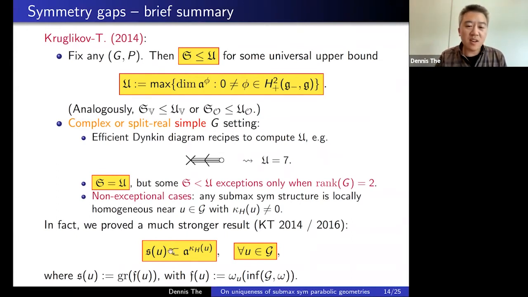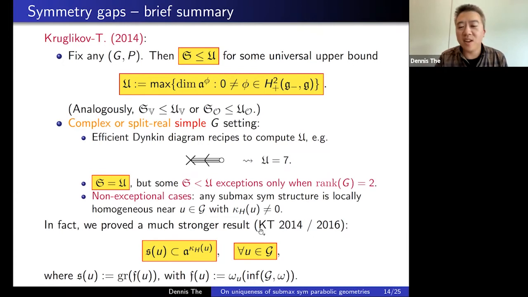If you take the symmetry algebra and then pick a point, any point, apply the Cartan connection to it, you get a filtered Lie algebra, and you take its associated graded, you get a graded Lie subalgebra of g. Regardless of whether it's homogeneous or not, you get this inclusion into this extrinsic Tanaka prolongation at any point.